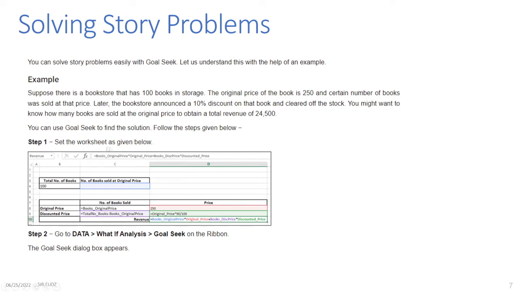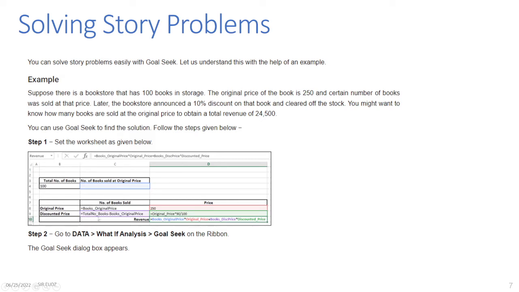Number 1, set up the worksheet as given below. So we have the total number of books sold at the original price, the original price, so number of books sold equals books at original price. Most probably this is that value. And then we have here the price, 250.